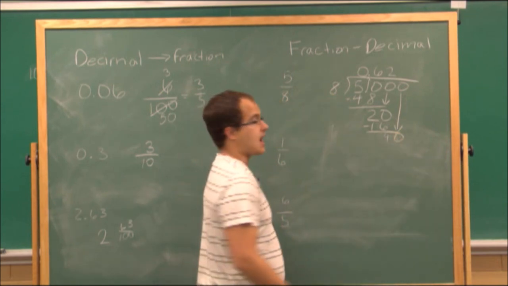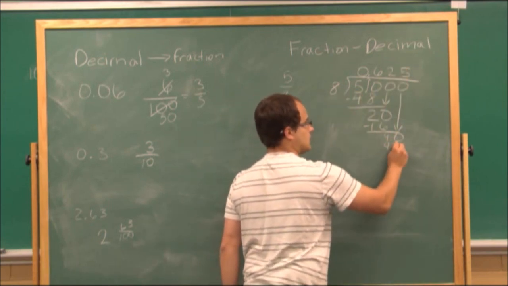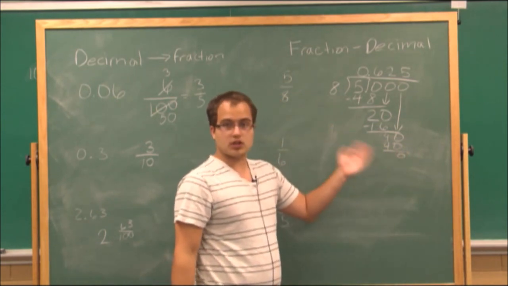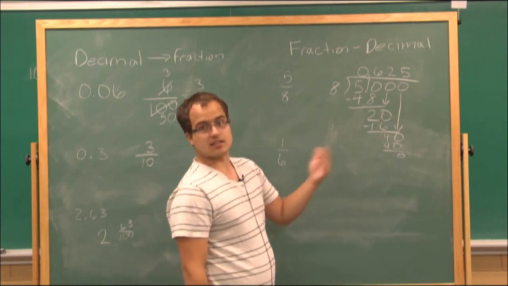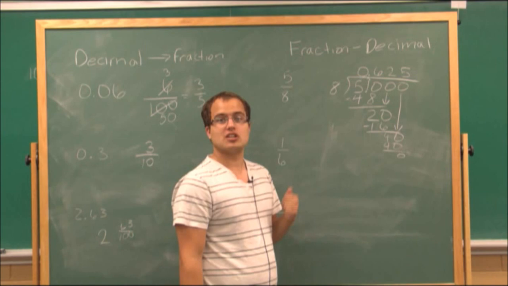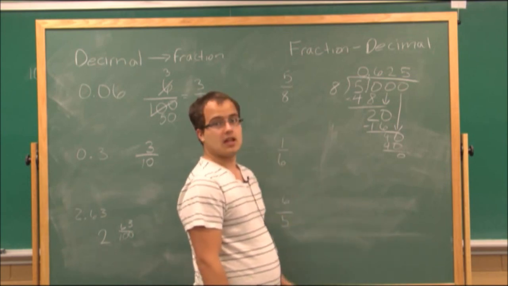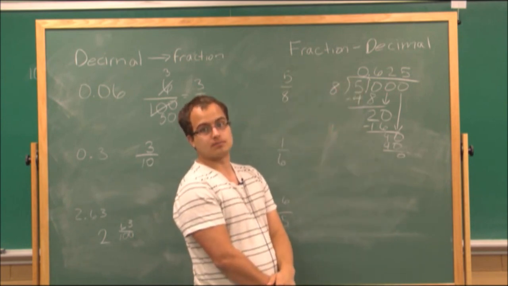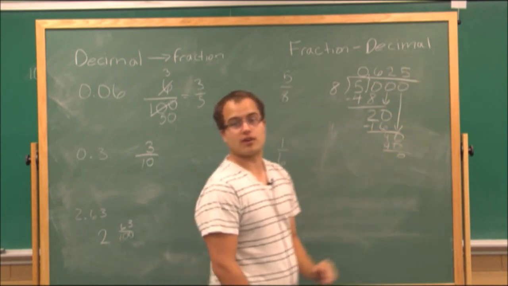Yes, 5 times. 5 times 8 is 40. And as soon as you reach a spot where you come up with 0, you can stop. So 5/8 as a decimal is 0.625, or 625 thousandths. And now this is called a terminating decimal because it ends. It doesn't keep going on forever.